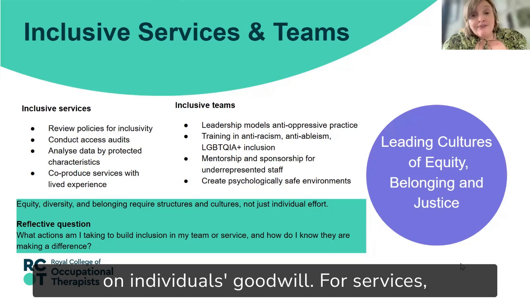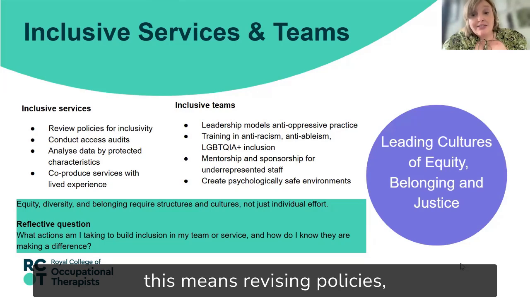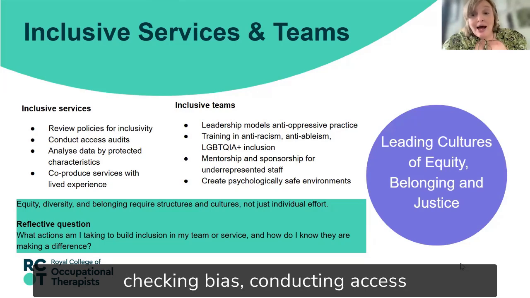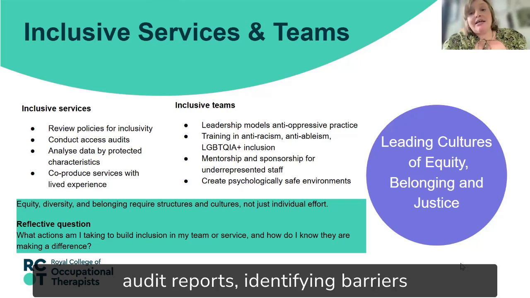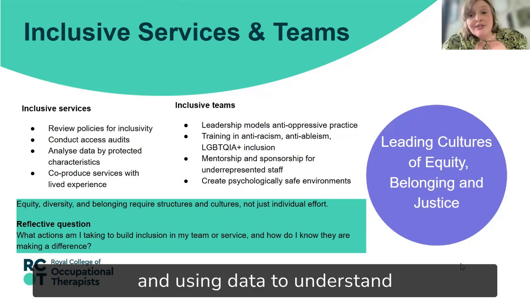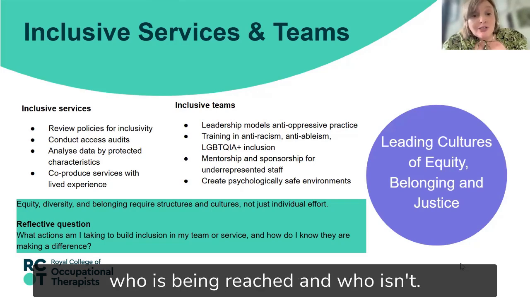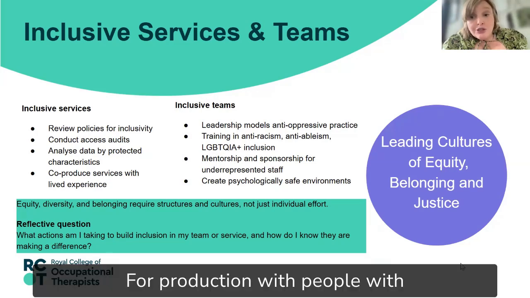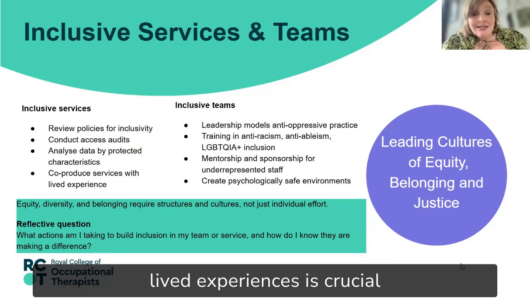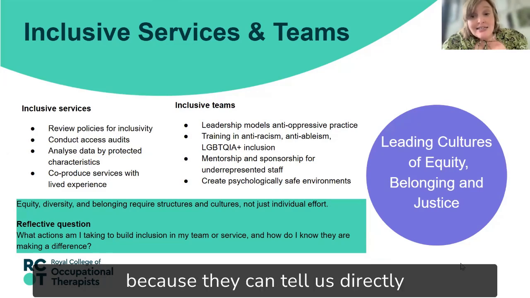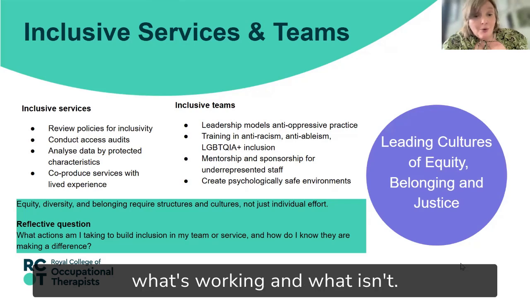For services, this means revising policies, checking bias, conducting access audit reports, identifying barriers, and using data to understand who is being reached and who isn't. Co-production with people with lived experiences is crucial because they can tell us directly what's working and what isn't.